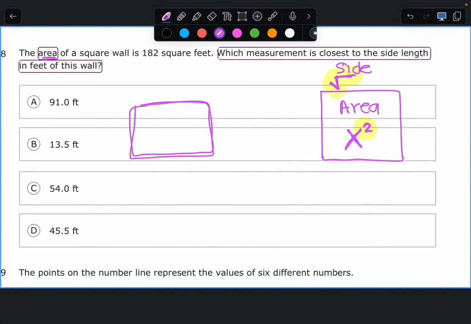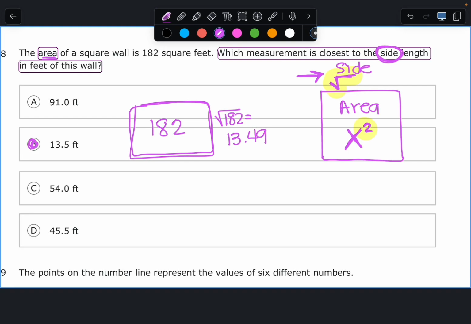The area is 182. Which measurement is closest to the side? Meaning if we're finding the side, what do we need to do? Square root it. So we square root 182. What do you get? 13.49, which is correct. B.